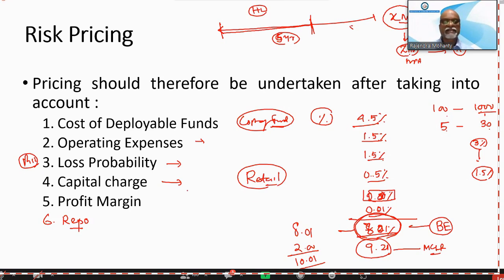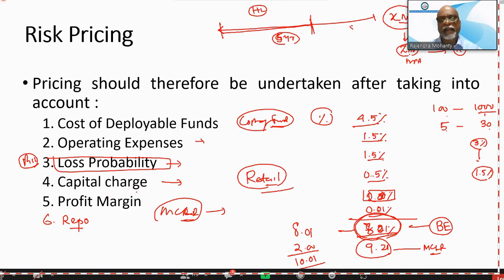Nowadays this concept has come where, if MCLR is there, then for other things, retail is there, MSME is there, so many things are there. So your MCLR might differ from your retail rate, because the difference is about the loss probability.